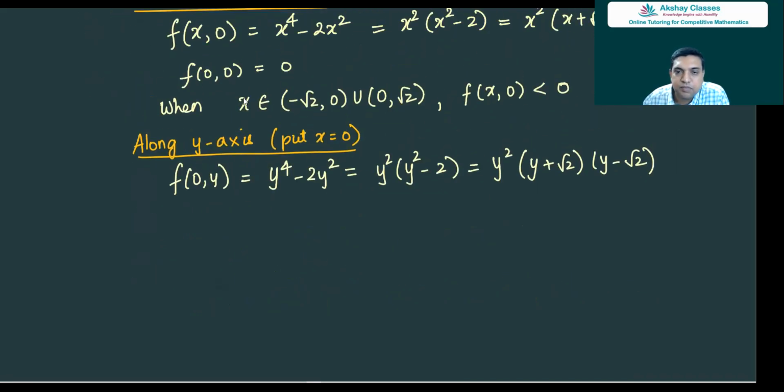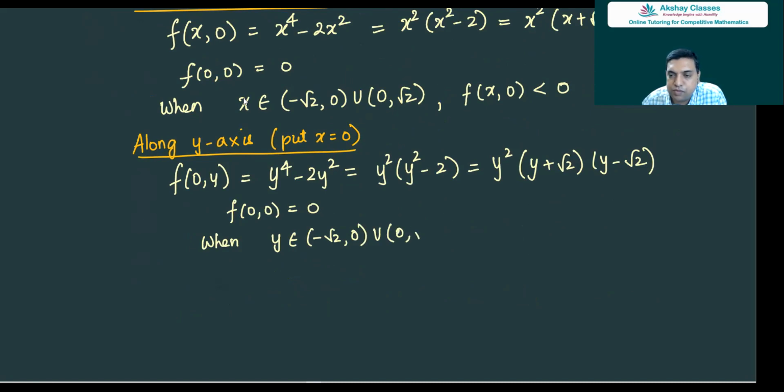So f of 0 comma 0 is 0, and when y lies between minus root 2 and root 2, f of 0 comma y is negative.